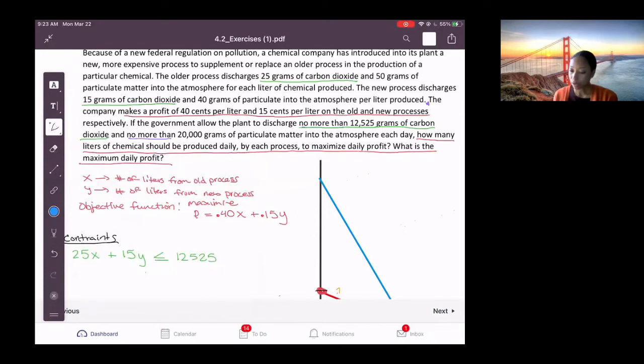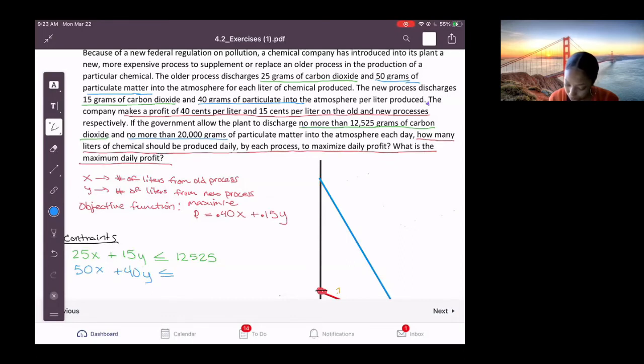All right, next part, particulate matter. For the older process, we have 50 grams of particulate matter. And for the new process, 40 grams of particulate matter. And we are allowed to have no more than 20,000 grams. So putting that together, we have 50X plus 40Y.